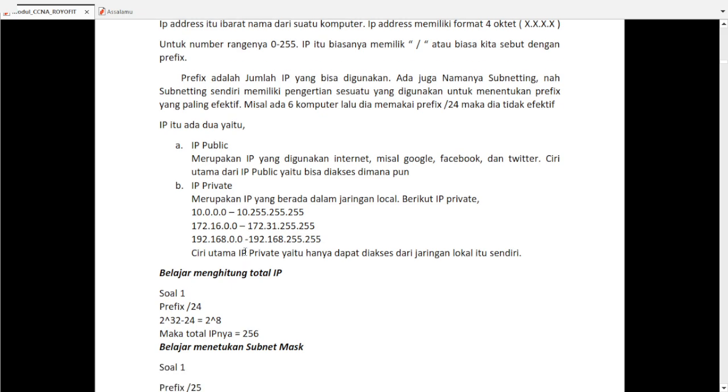Next, the main feature of IP private is, of course, the opposite of IP public. That is, it can only be accessed from the local network itself.